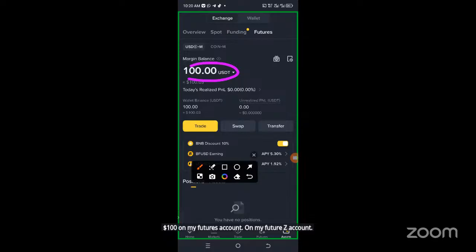Then here, I can decide what to do. I can say I'm going to use 20% of the $100 transferred to my futures account as my first buying amount.